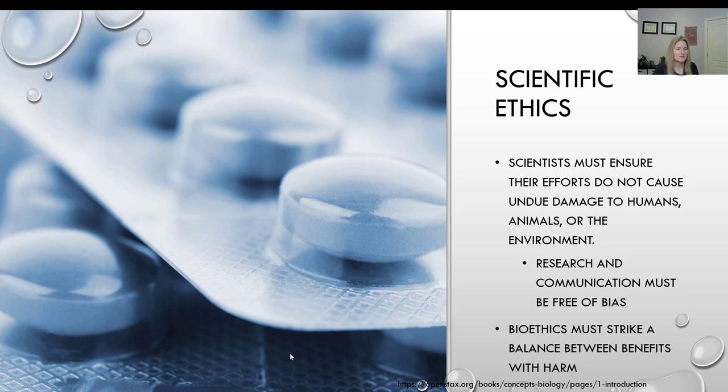So some areas of biology, for example, might test on animals because we think of the bigger good of it. Testing a vaccine on an animal instead of a human might tell us whether it's going to be safe for humans or something like that. So with bioethics, it is an evolving part of science where we have to strike a balance between the benefits and the harm.